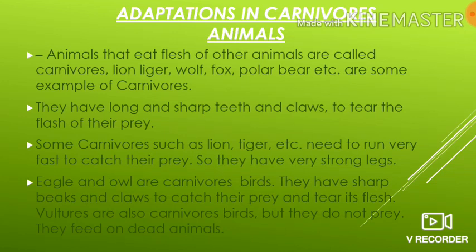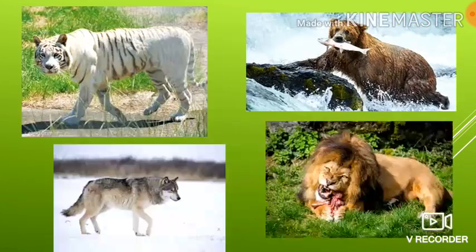Some carnivorous animals such as lion, tiger, etc. need to run very fast to catch their prey, so they have strong legs. Eagle and owl are carnivorous birds.